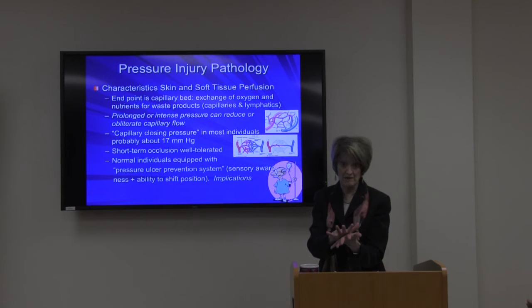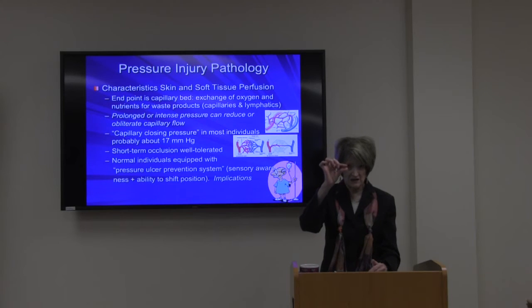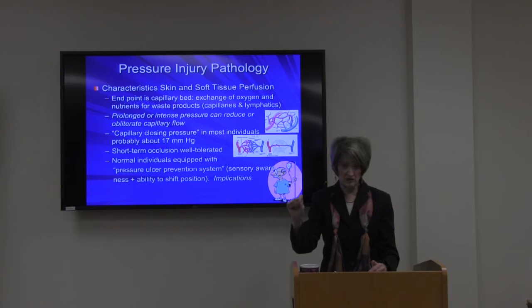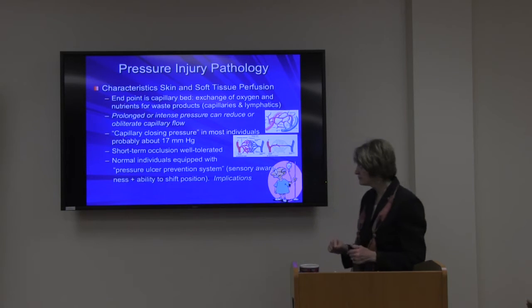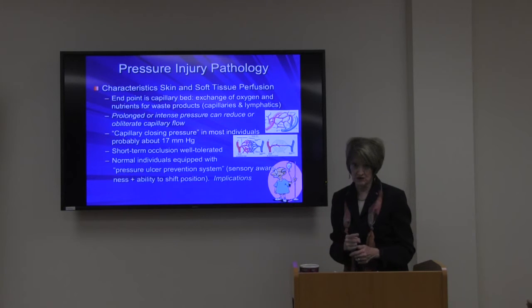Think about what happens at the level of the smallest blood vessel. The capillaries get collapsed, either totally or partially, and the volume of blood going through is reduced. Tissue oxygenation is reduced. So either prolonged pressure or intense pressure.